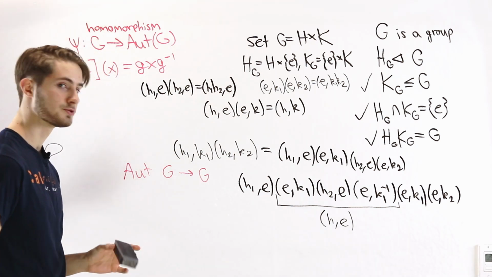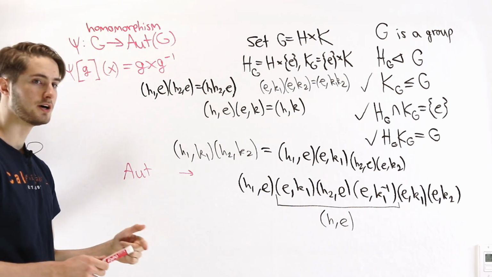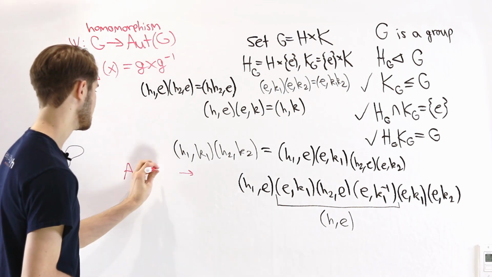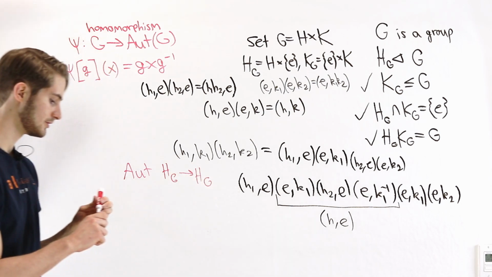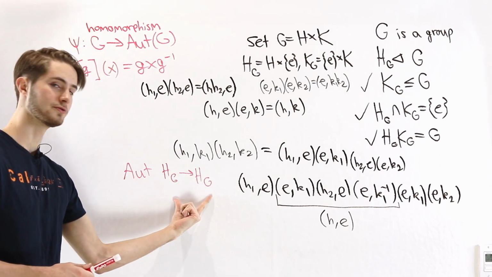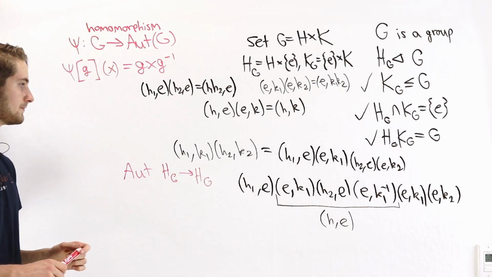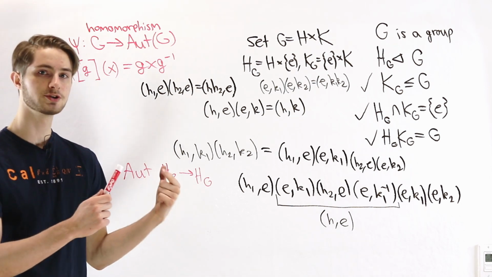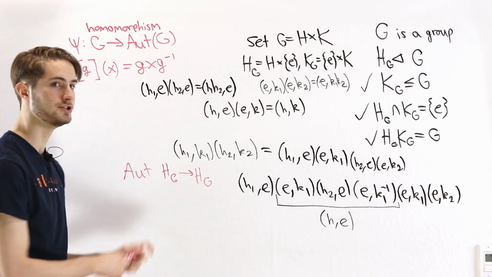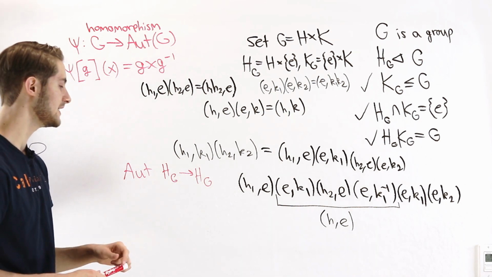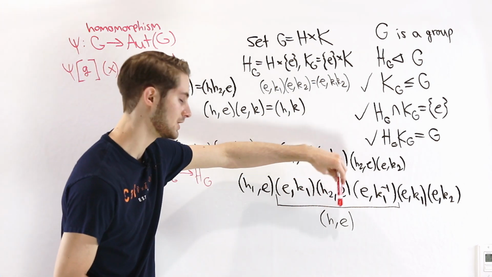So we can look at a more specific automorphism. When we conjugate an element in H sub G, it's actually going to send H sub G to itself, which means we can look at just an automorphism in H sub G. And in fact, we can get even more specific than that, because when we look at an automorphism from H sub G to itself, the elements of H sub G just have the form (h, e).